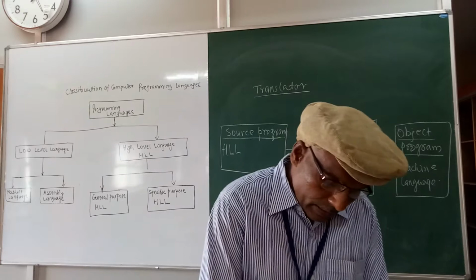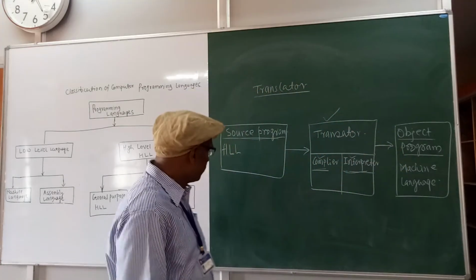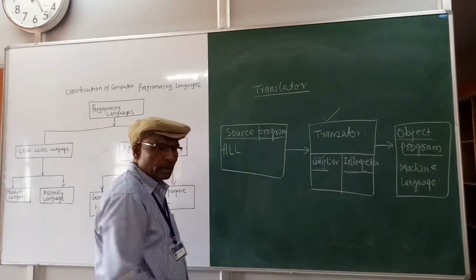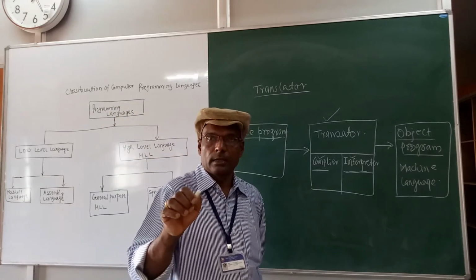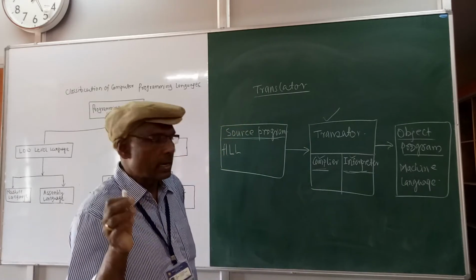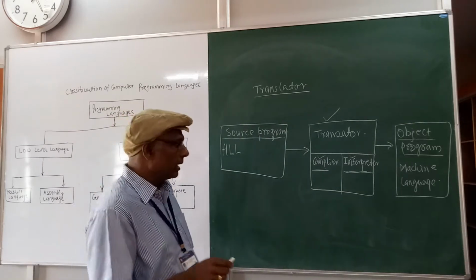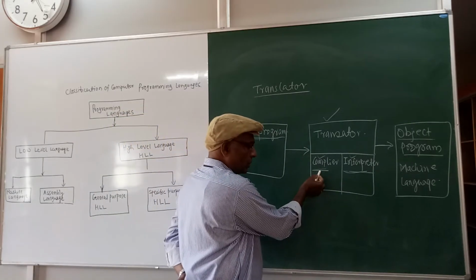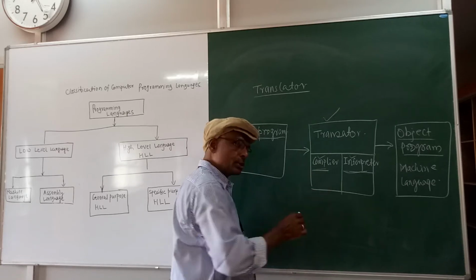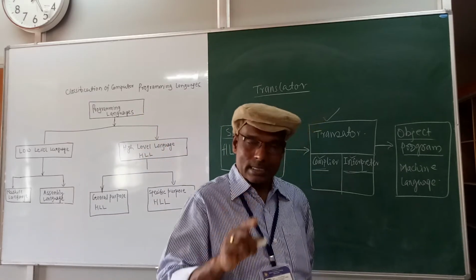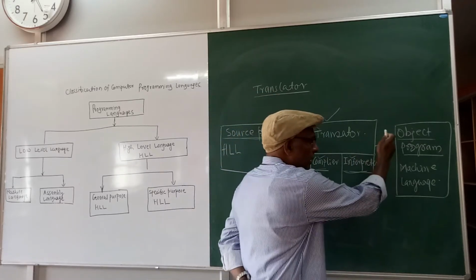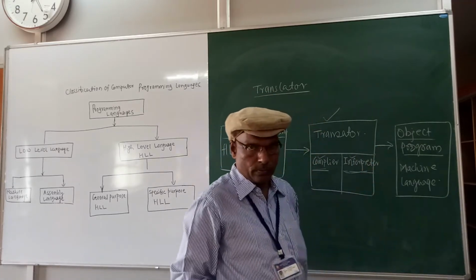So the compiler takes a simple program I have already written, that is addition of two variables a and b. The compiler is a translator which translates the entire program or instruction set into a machine level language.